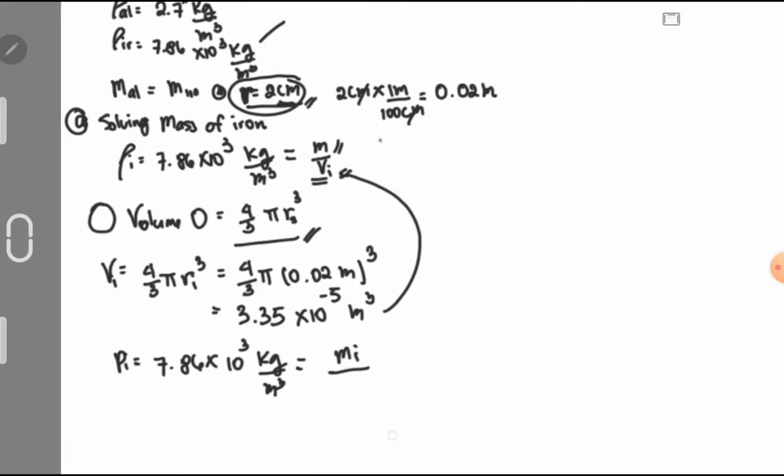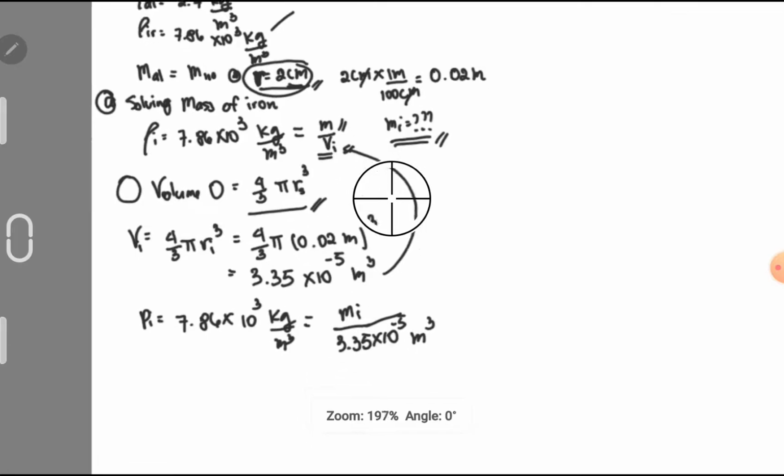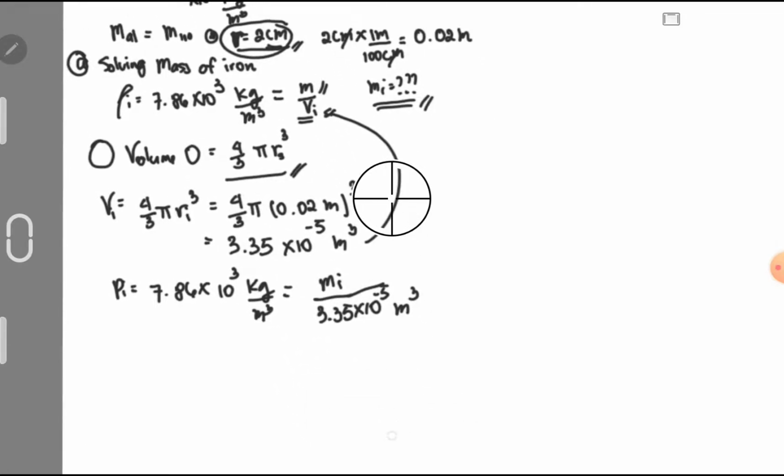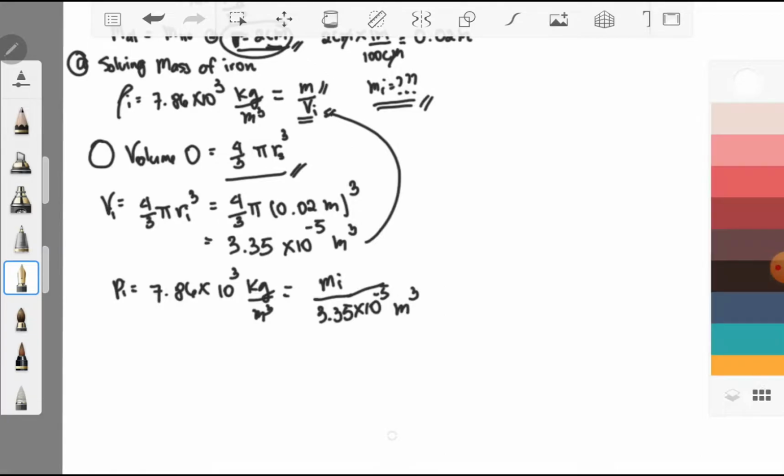So m i is unknown. Okay, it is over my volume, which is equal to 3.35 times 10 raised to -5 meter cube. Right? So by cross multiplication, I will have my mass i. Take note that meter cube is not equal to your mass i.